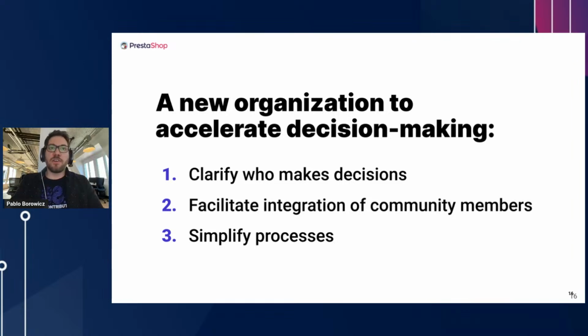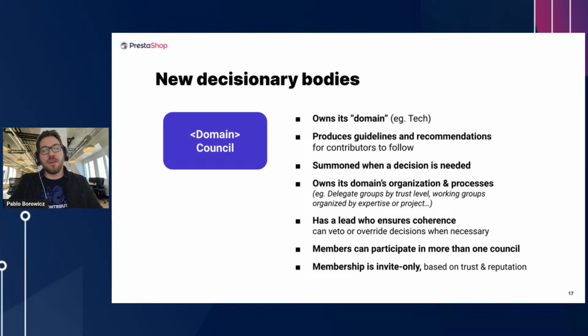So let's start with our new organization. This organization turns around what we name domain councils. Each domain council owns its own domain, for example, tech. Its purpose is to produce guidelines and recommendations for contributors to follow.